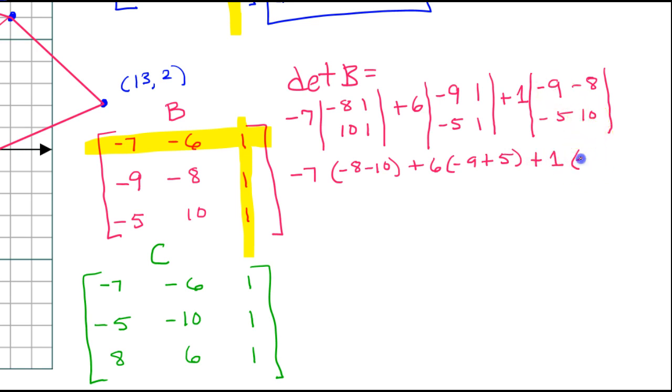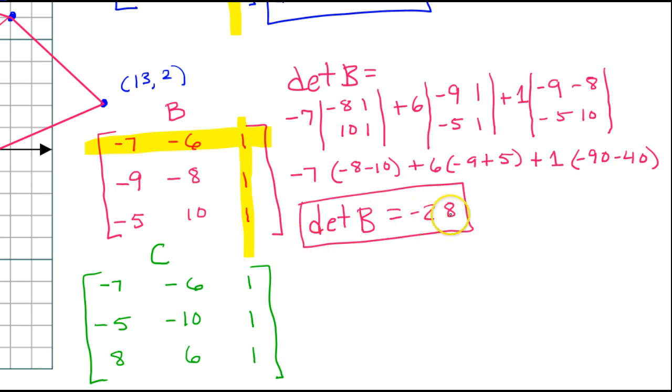Down diagonal is negative 90. The up diagonal is 40, so minus 40. I'm going to do these calculations off camera and trust that you're able to do it yourself. And I'll be right back with the determinant of B.